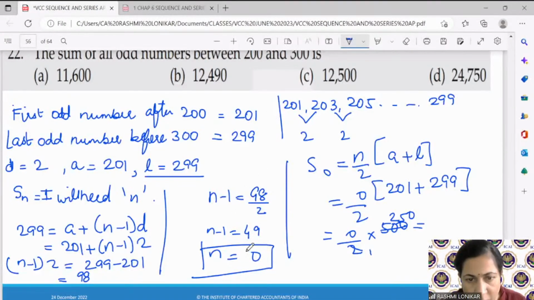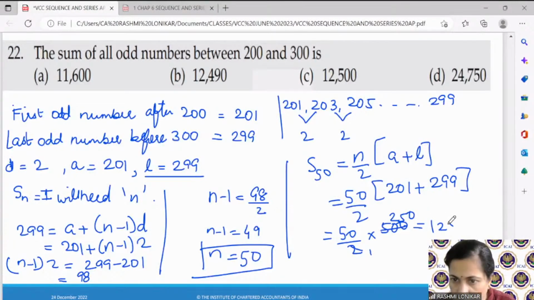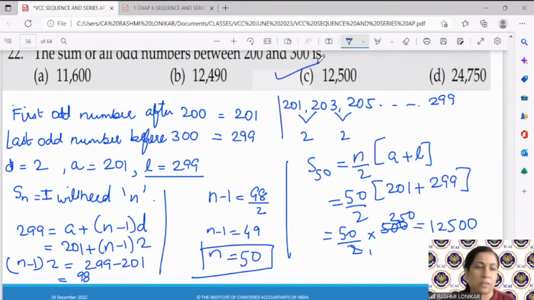So 49 plus 1 is 50. So this becomes S of 50. 50 numbers is 50 upon 2. So 50 upon 2 into 250. So this is 250 into 50, which is 12500. So C will be the correct answer.